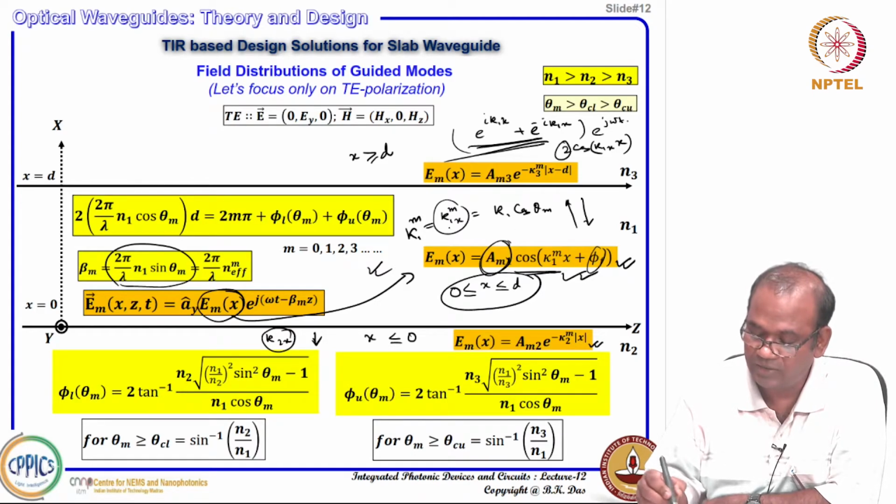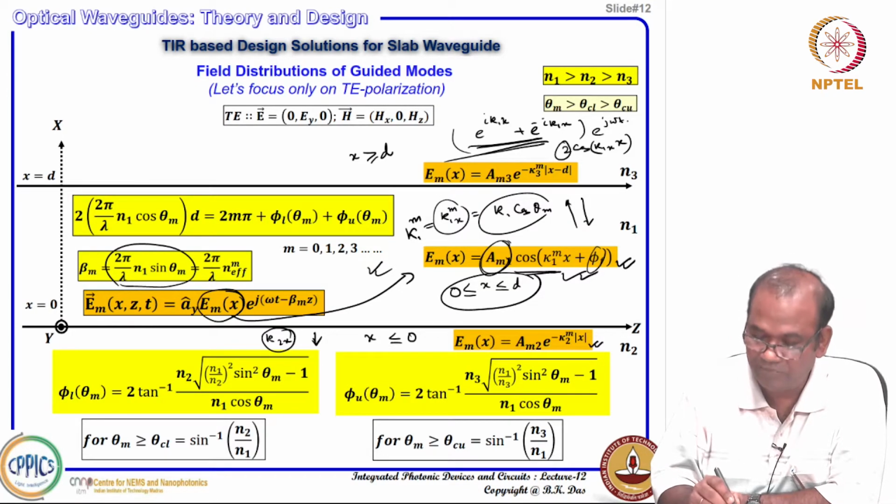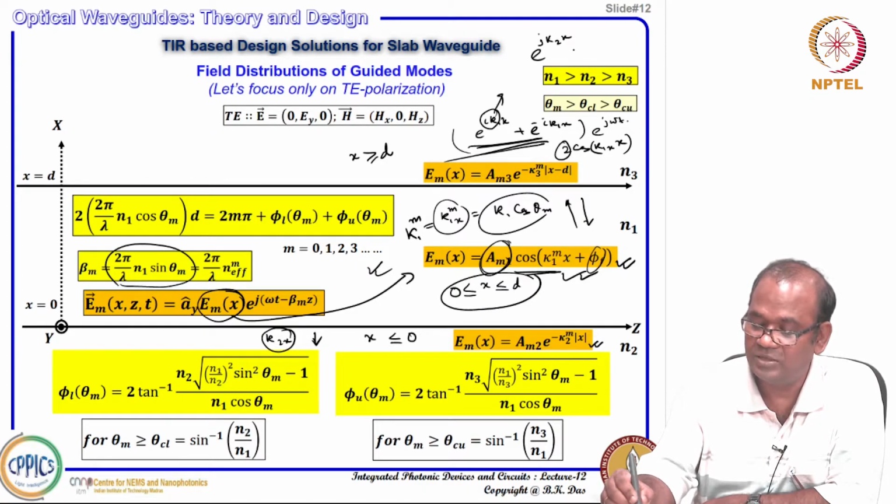But here k1x is a real value, as long as theta m is real, k1 is real, k1x is real. But if k2x, for example, is imaginary, then instead of e to the power j k2x you can write e to the power minus k2x times x.